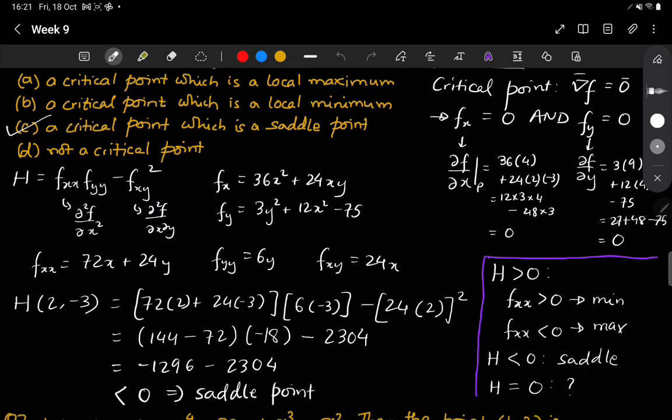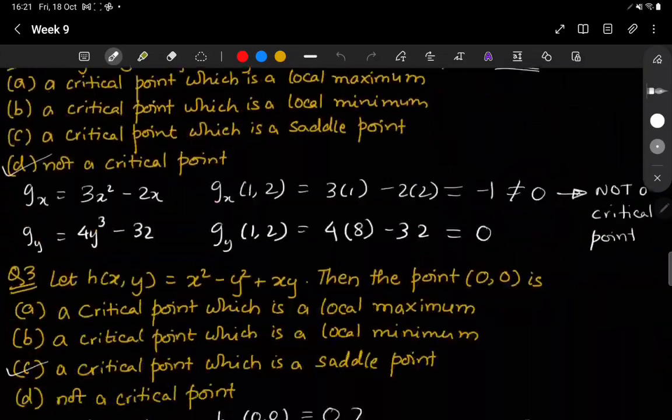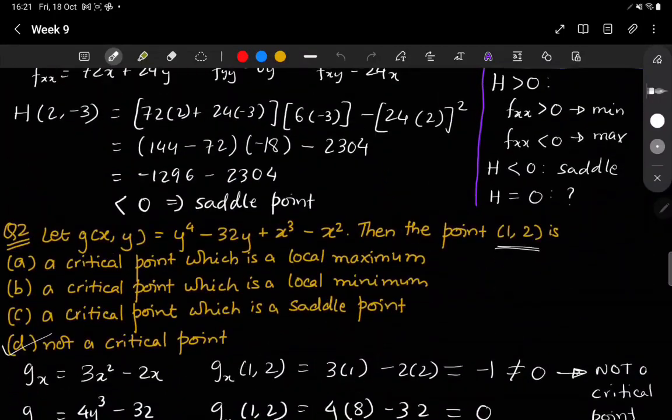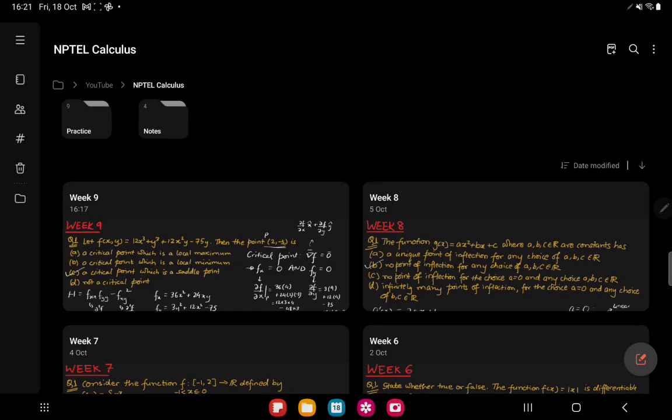Okay, so I hope everyone is back from the break. So we have solved these few multivariable function based questions. Now let us just revise some questions from the previous weeks.